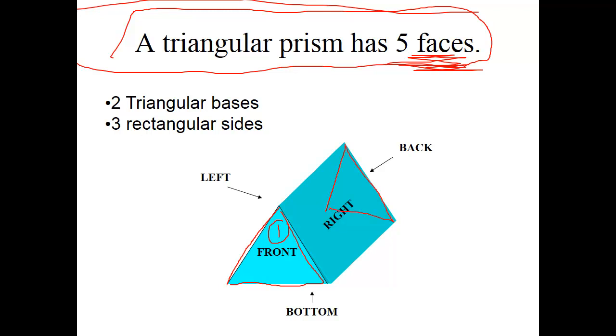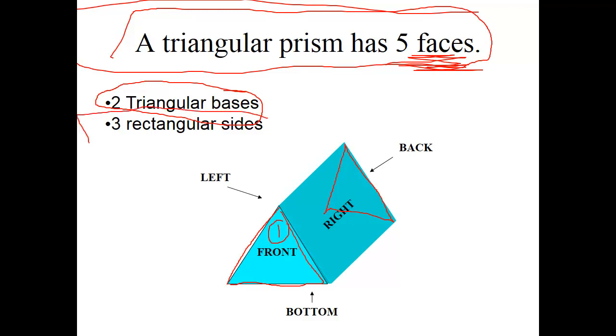So how many faces do we have in a triangular prism? 5: 2 triangular bases, one in the back and one in the front, and 3 rectangular sides.